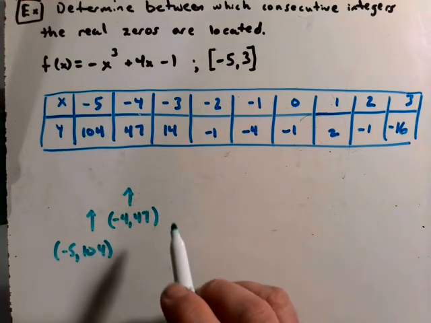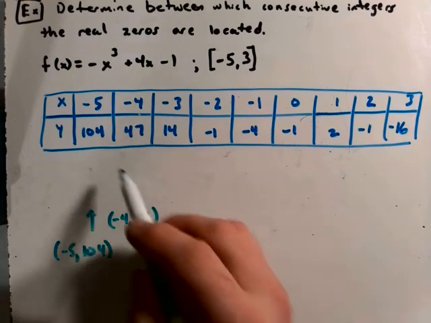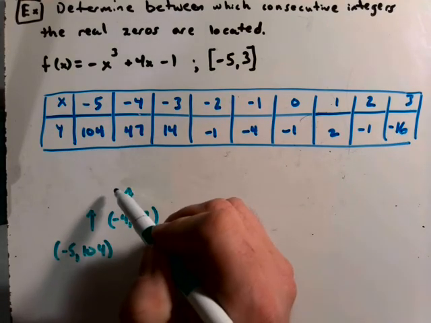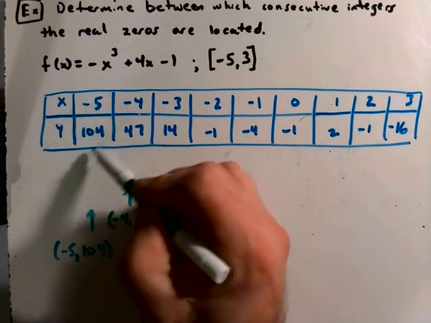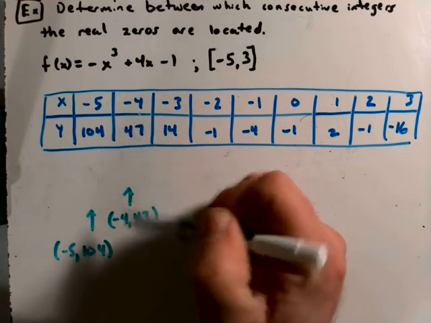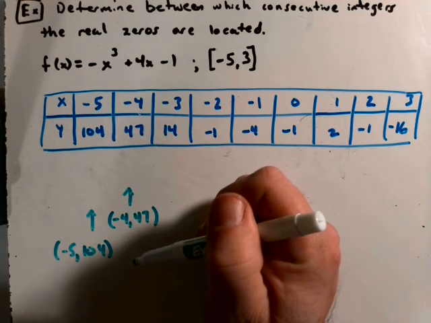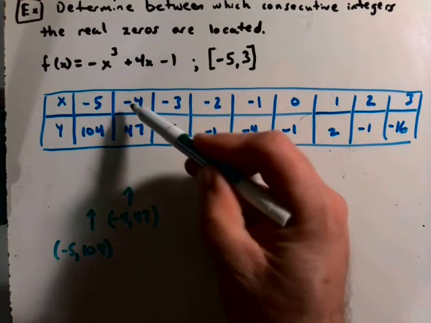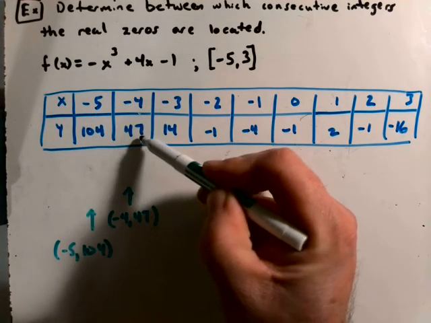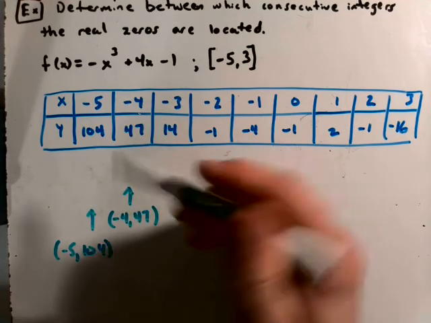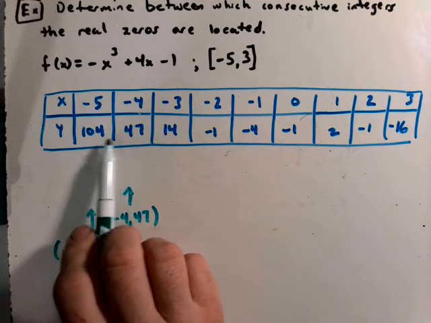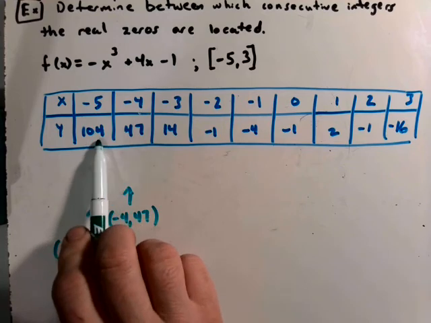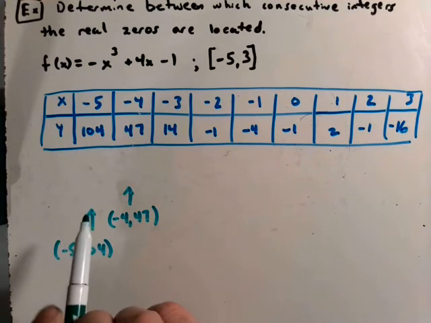And how you'd find an x-intercept looking at a table like this is you would look at the y values, and if one point is above and the next one is below, then it would have to cross the x-axis. But (-5, 104) and (-4, 47) are both above the x-axis, so there's probably not a real zero between those two values. The y values are both positive.